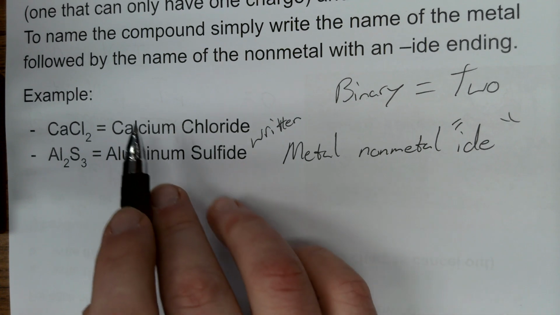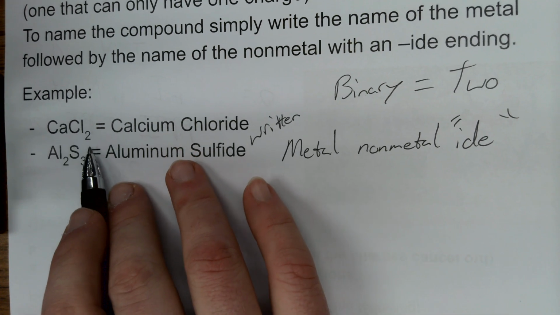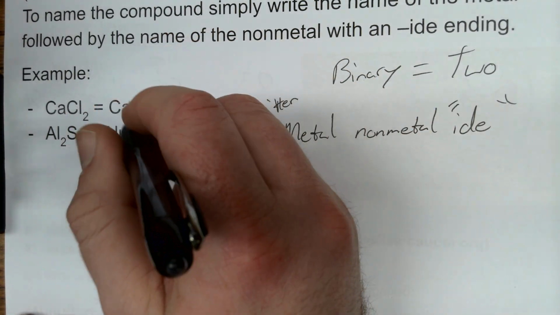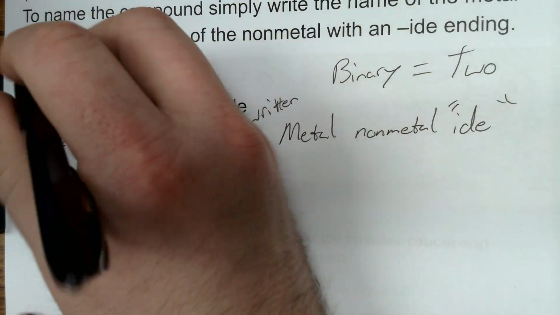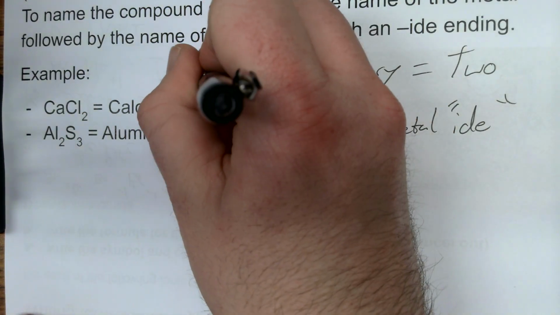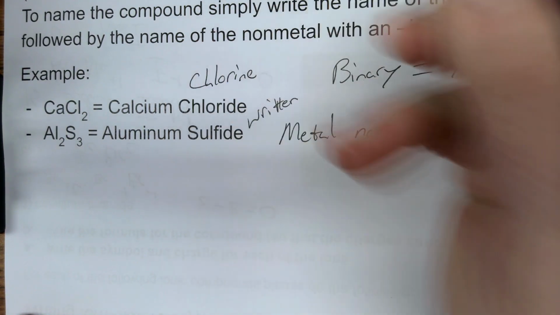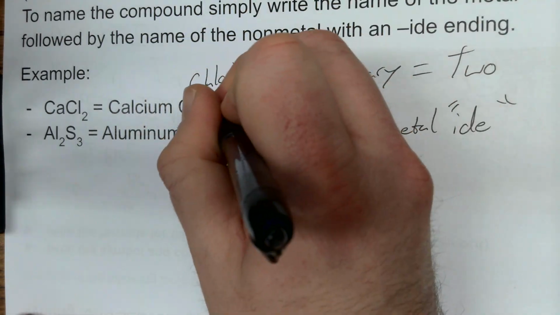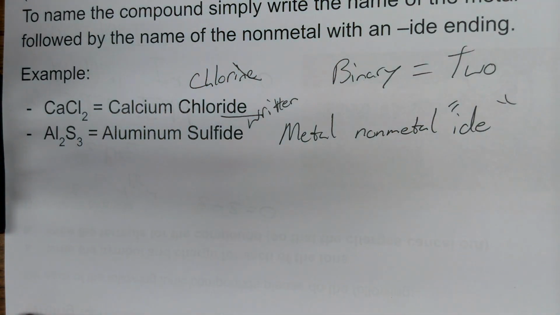So when I look at CaCl2, that's at the very top of my example, I see calcium. Calcium is spelled out completely. And instead of writing chlorine, I chop off the INE and replace it with IDE.